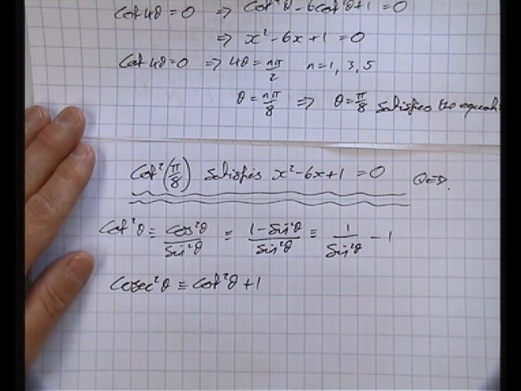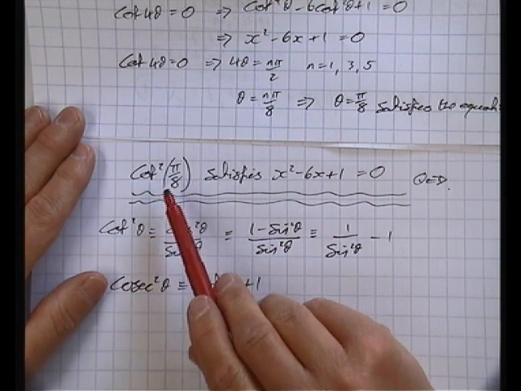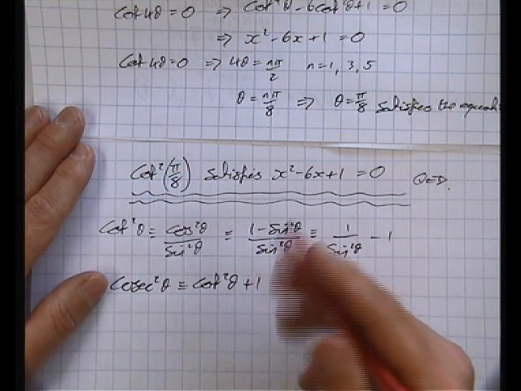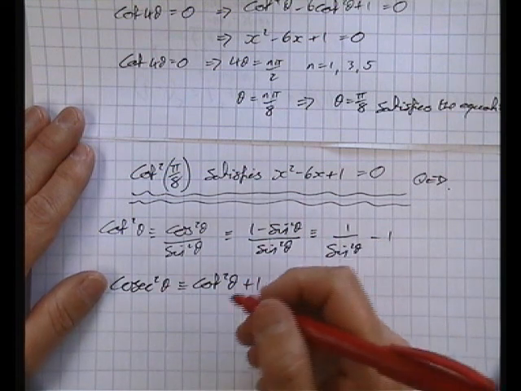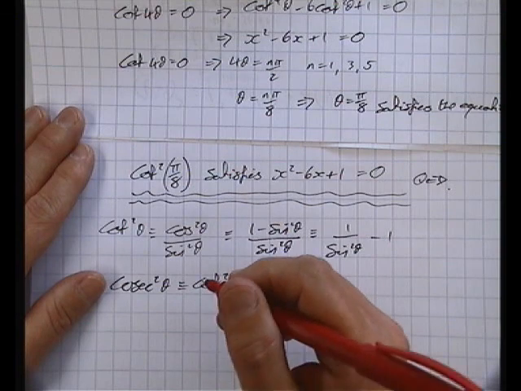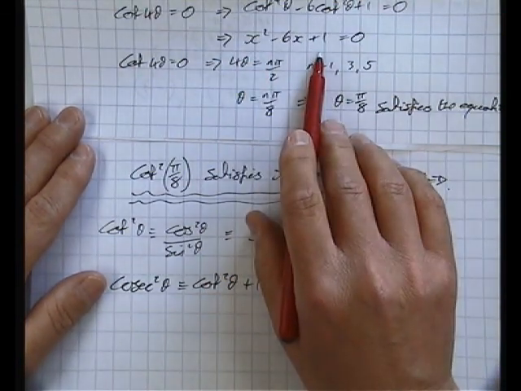And I've got a nice little identity. So if I work out what the value of cot squared pi by 8 and also cot squared 3 pi by 8 is, I'm going to be able to add 1s to those to get the final answer. Now, to do that I'm going to need to solve my quadratic up here.